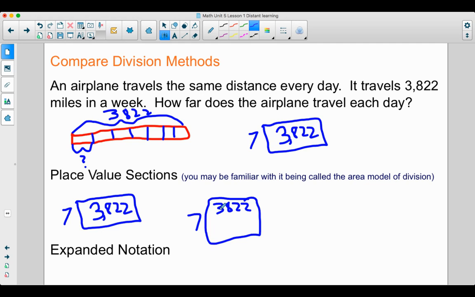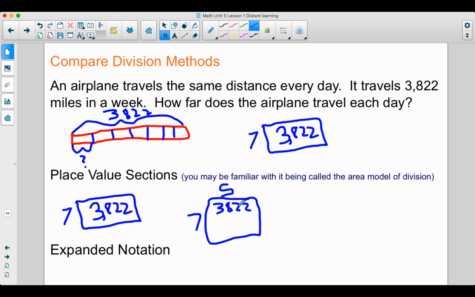That can't be divided into 7 equal groups. So I'm going to ungroup the 3,000 into hundreds by looking at the 3,800s. How many groups of 7 can I put 3,800 into? 38 into 7 equal groups. Well, I know that would be 5.